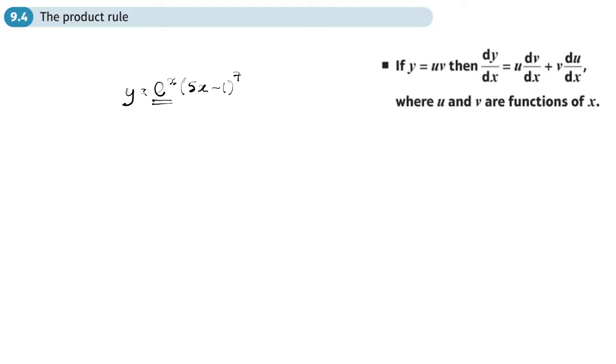So you'd have one way of differentiating that, one way of differentiating that.